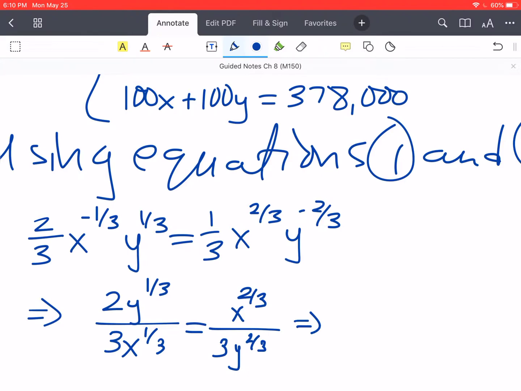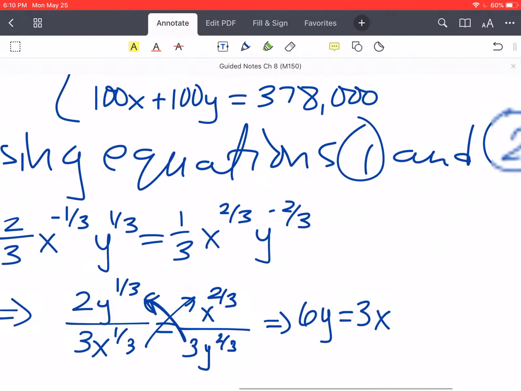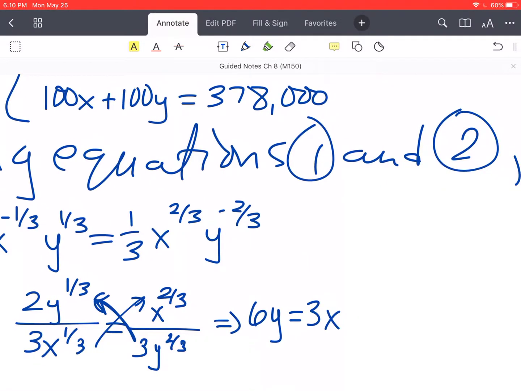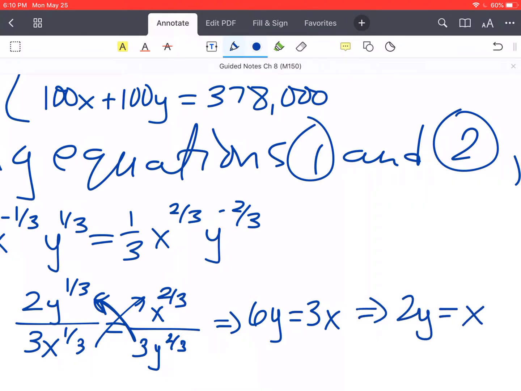So we're going to get, when I multiply this one up here, on the left-hand side, we're going to get 6y to the 3/3, so that's just 6y to the first, equals 3x also to the first. Okay, common factor of 3, get rid of that, so we get 2y equals x.